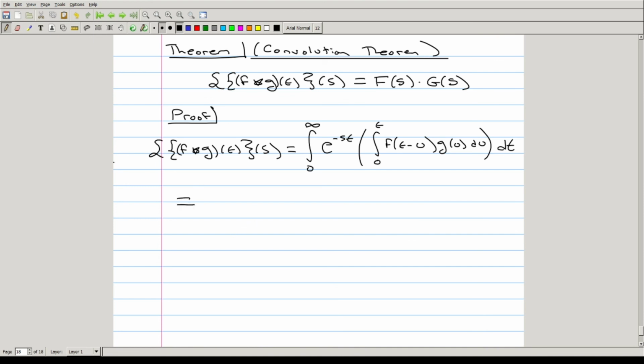And this is the same thing as the integral from 0 to infinity of e to the negative st, and let me actually use w as my integration variable here. This will be important in a second.